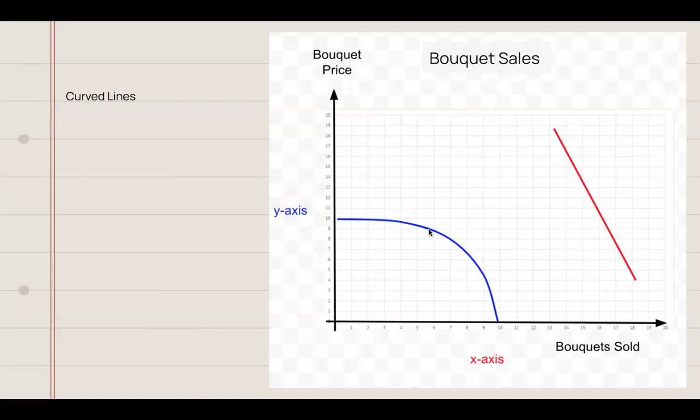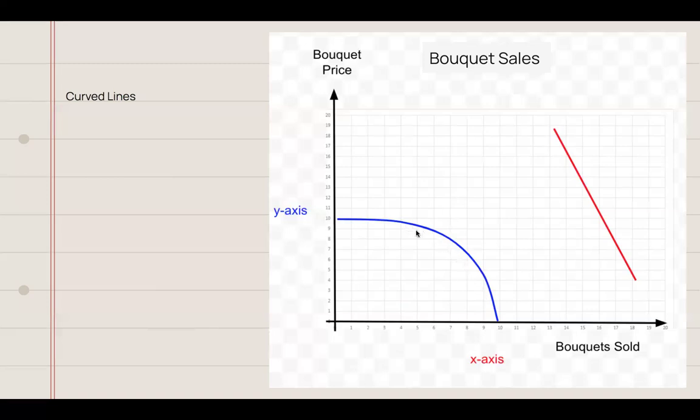We sell many more additional units for a small decrease in price. Further down here on the curve, we start to sell fewer additional units per decrease in price. So we could have a large decrease in price, let's say from $4 to $1, and we're not even going to sell an entire additional bouquet.